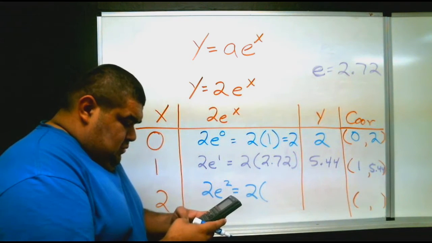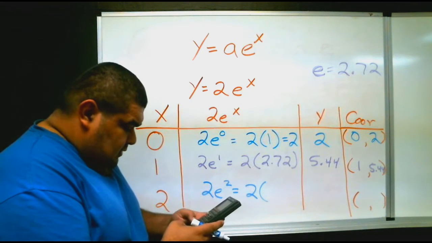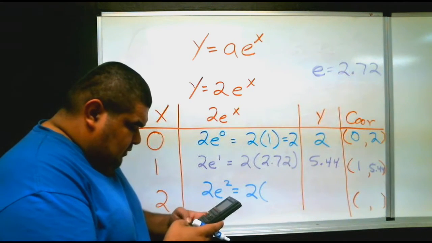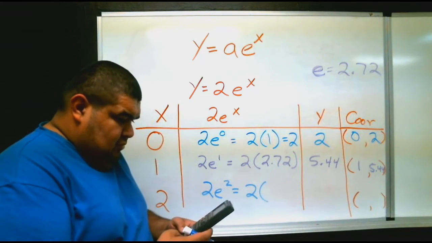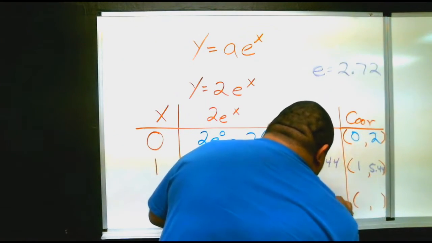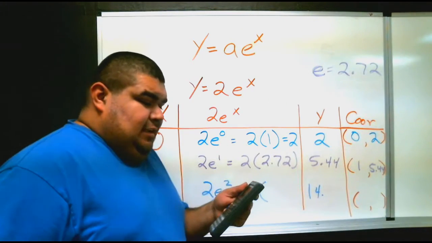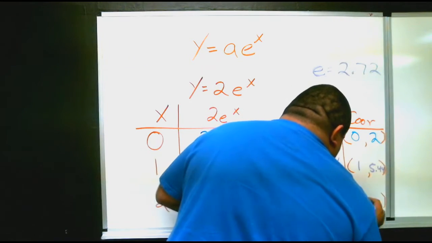So 2 times 2.72 times 2.72. You get 14.7968. Obviously, the 6 makes a whole number, so 14.8.